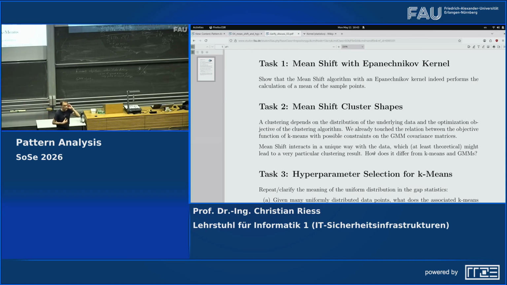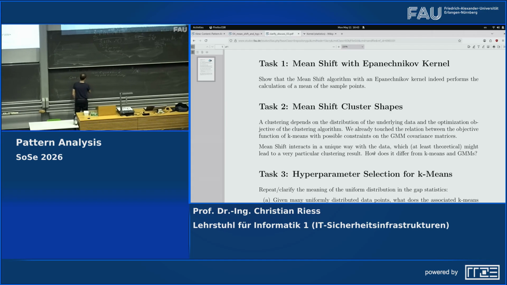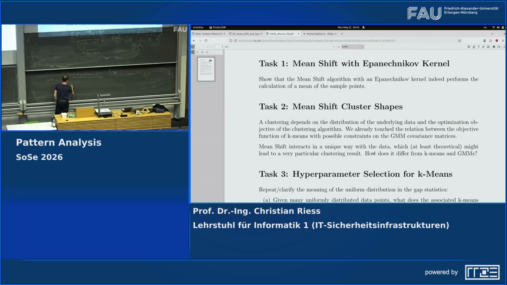It's essentially the likelihood, or log likelihood, of observing this data given the means and the covariances.